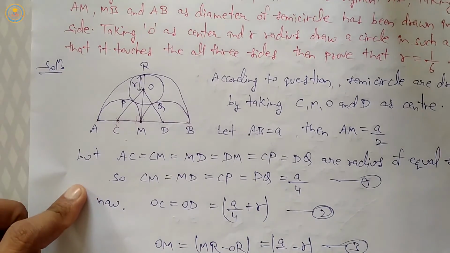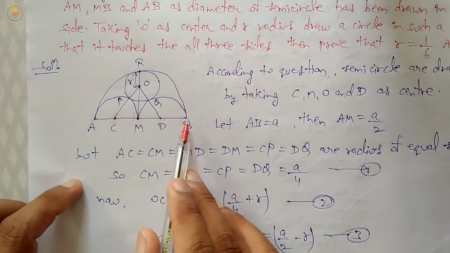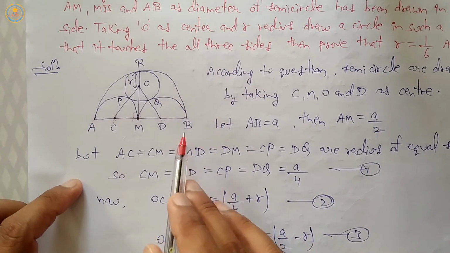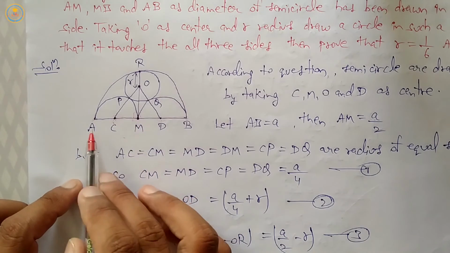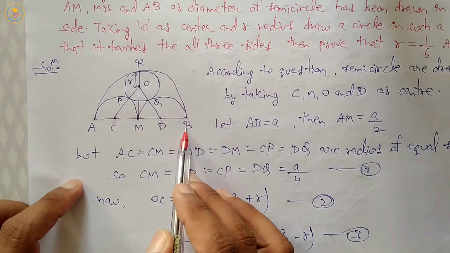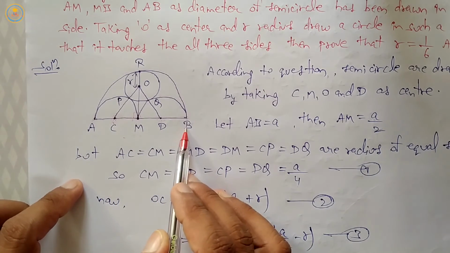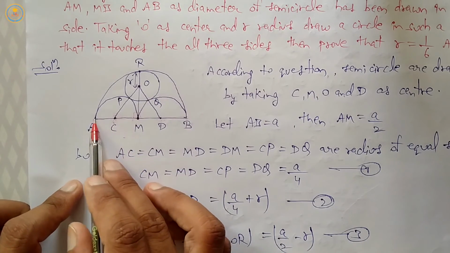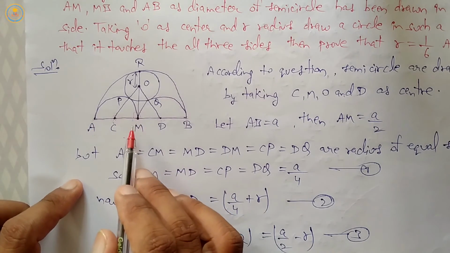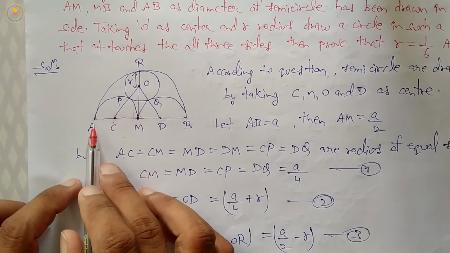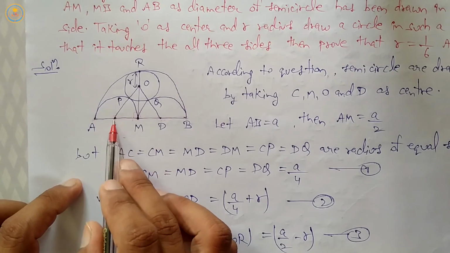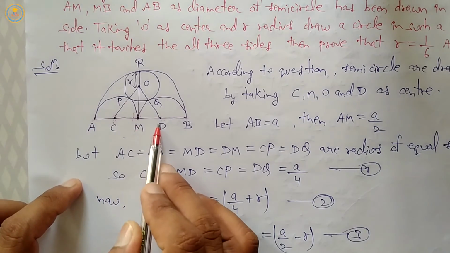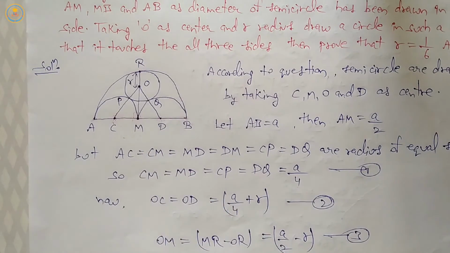Now again, only the semicircle. First we let AB equal a, the total. AM is half of AB, so a by 2. MB is also a by 2. Now SC is half of AM, so a by 2 into 1 by 2, a by 4. SC equals a by 4, CM equals a by 4, MD equals a by 4, DB equals a by 4.